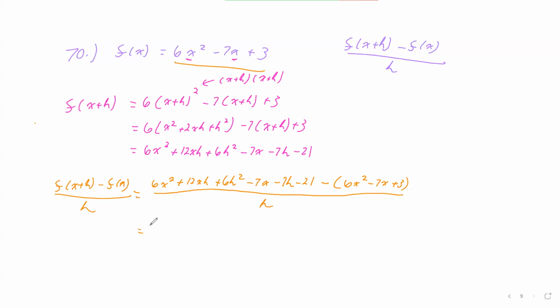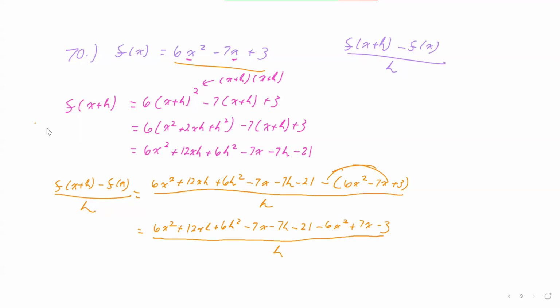All right, so let's work this out. So it's going to be 6x squared plus 12xh plus 6h squared minus 7x minus 7h plus 3. Distribute, so I get minus 6x squared plus 7x minus 3, all divided by h.